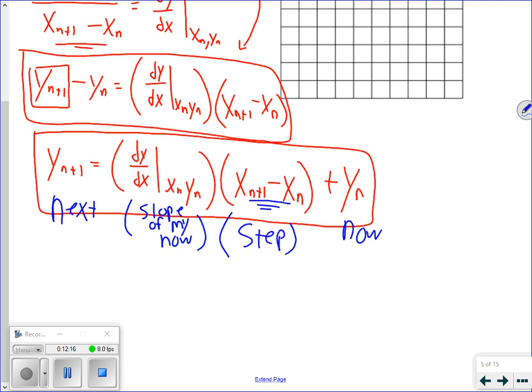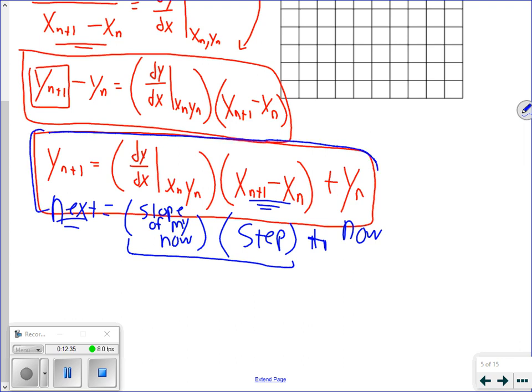So the last example was 1/2, plus my now. So I'm going to do the slope of my now times the step plus my current y value. And this is going to tell me the change in my y value to get to my next point. So this is the formula we use.